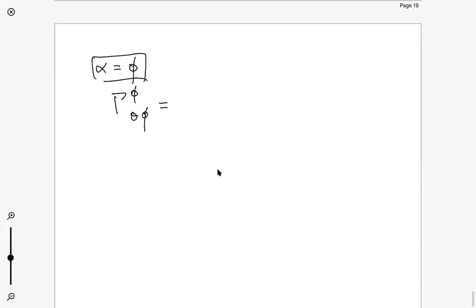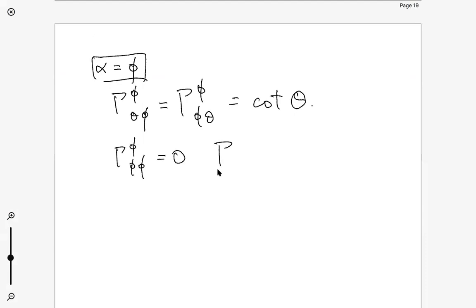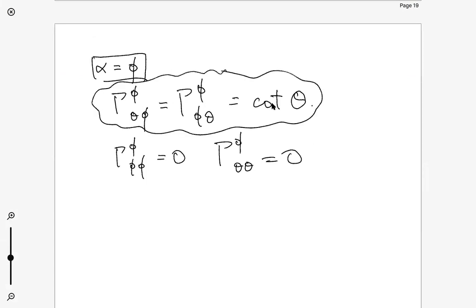Okay, right, this is the new page. The correct answer would be something like this, cotangent theta. For the case of alpha equal phi, of course you have many other possibilities, but they are all 0, and the non-zero term would be this one. You're encouraged to try this on your own, just using the same methods that I just demonstrated.